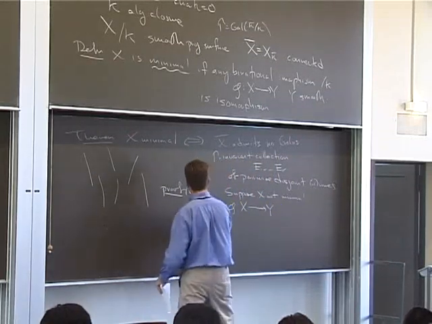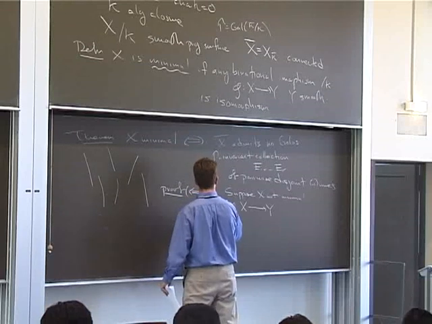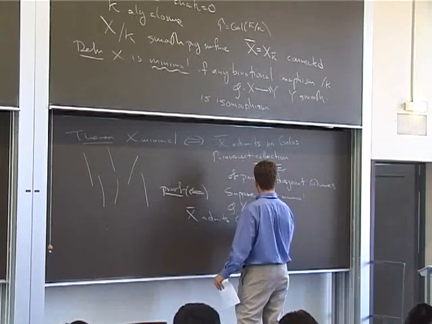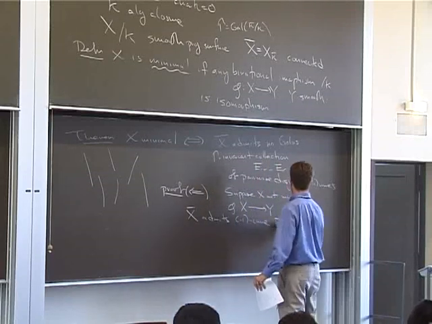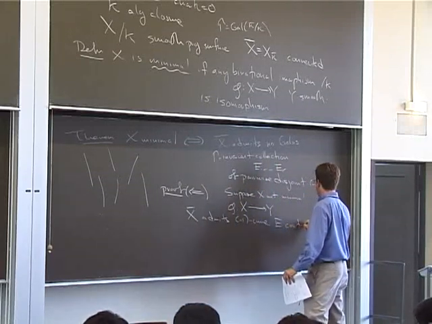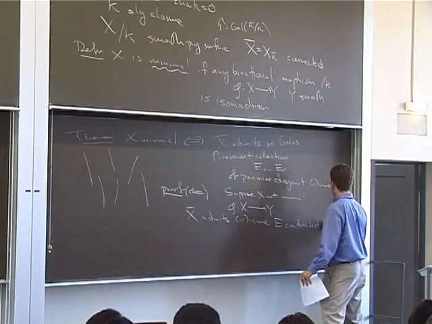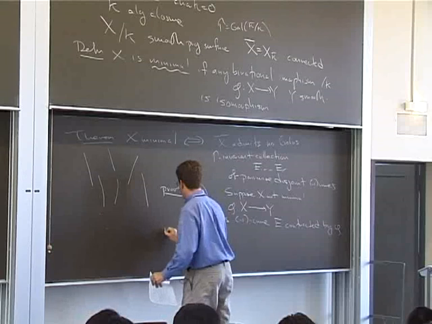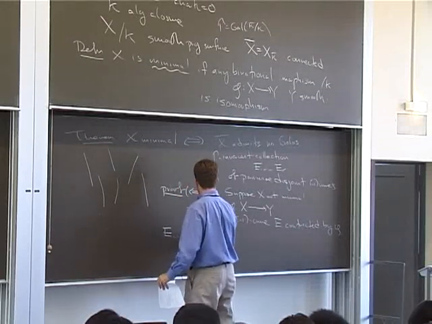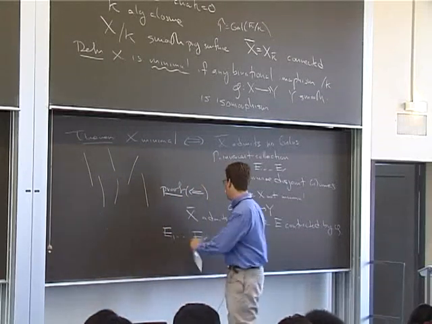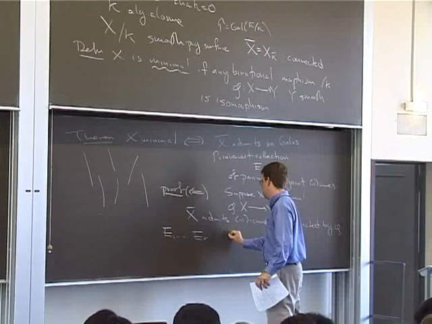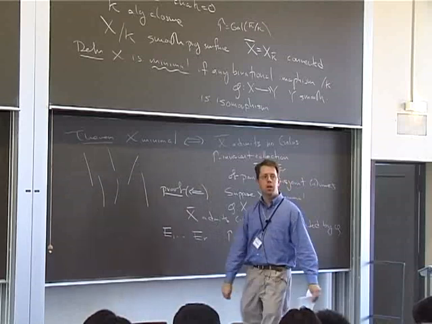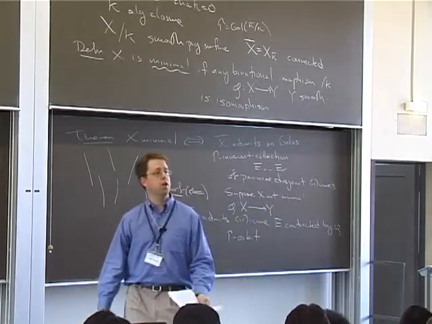Now we know that X bar admits a -1 curve contracted by phi. And so let's let E1 through ER be the corresponding Galois orbit. So these are all the conjugate -1 curves.